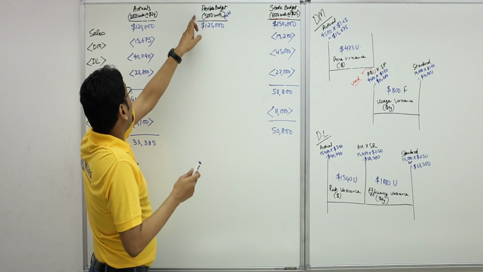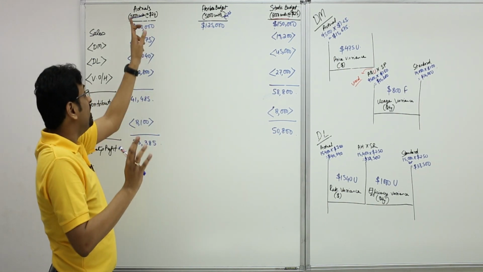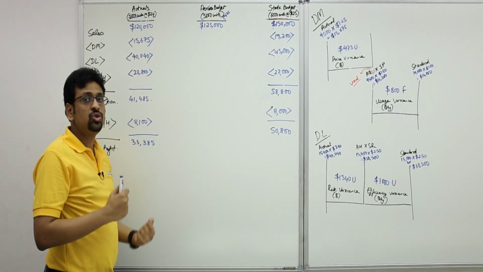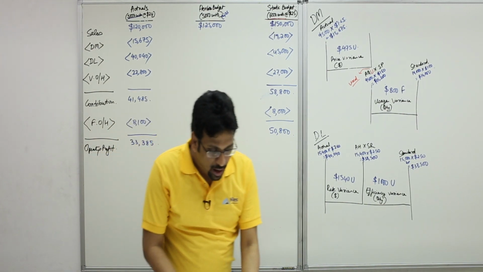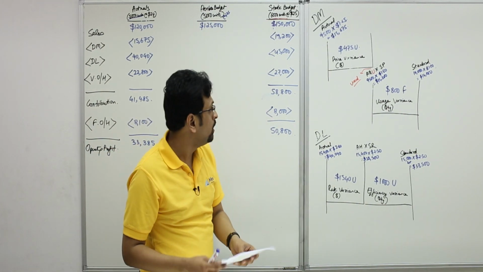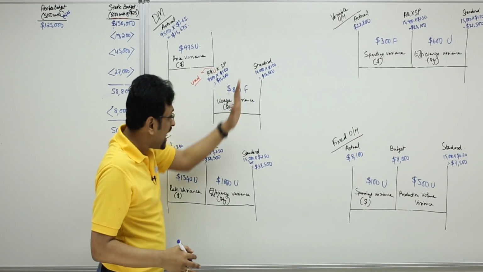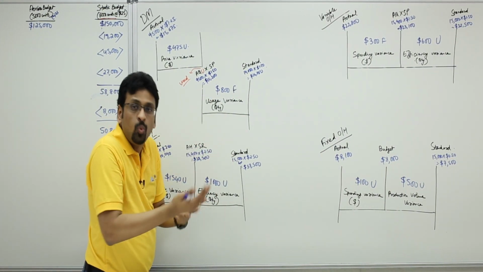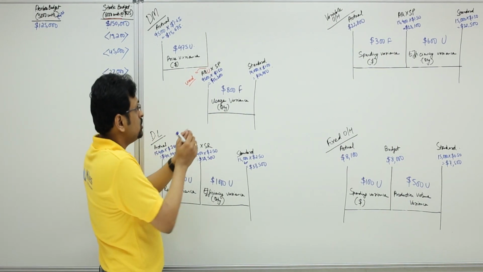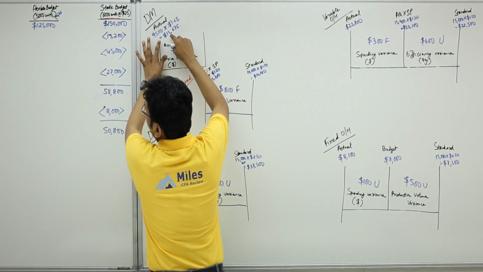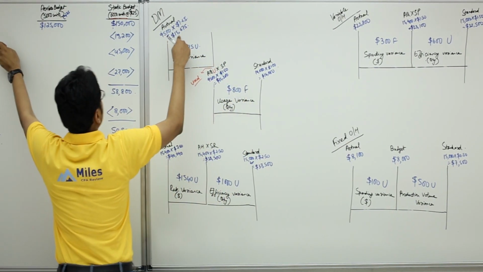To produce 5,000 units, as they did in reality, they were supposed to be using 10,000 pounds of their raw material. That is exactly what we had here. What we actually had done when we did variance analysis was we already had taken that flexible budget. The actual is 15,675, the actual that we have here.